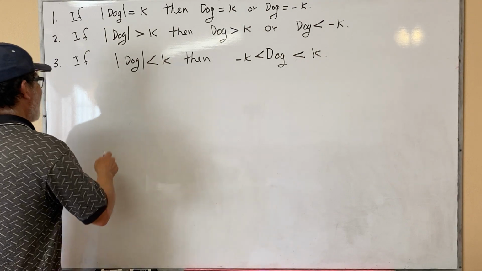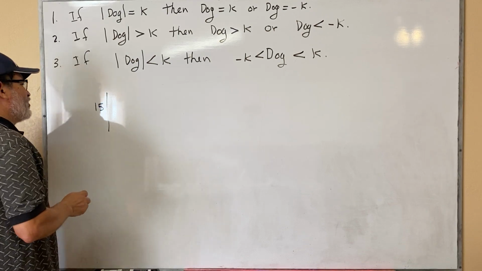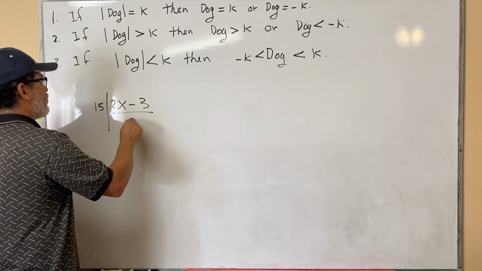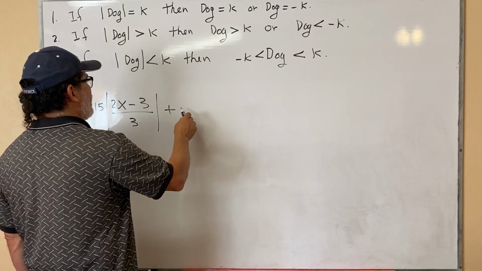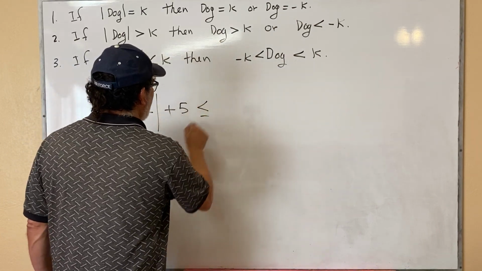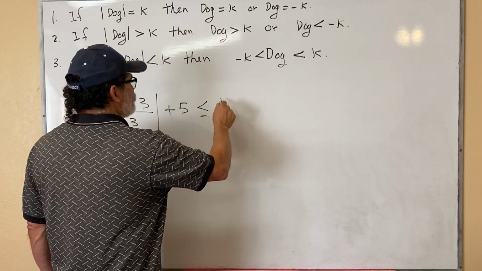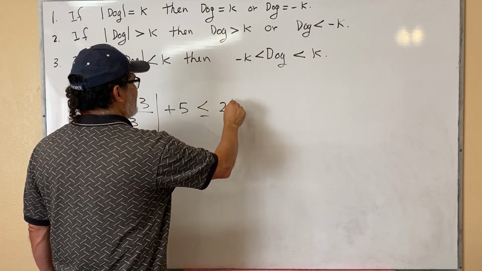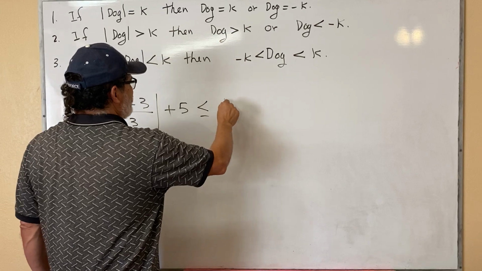Example. How about 15 times the absolute value of 2x minus 3 over 3, absolute value, plus 5 is less than or equal to, let's say, 30.